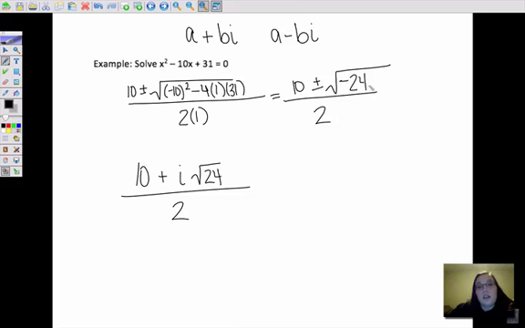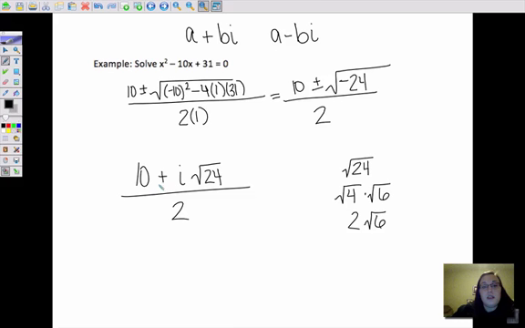And let's see, I wonder if I can reduce 24. And what I remember is that if I need to reduce the square root of 24, I can think of perfect squares that go in there. So the square root of 24 is the same as 2 root 6.